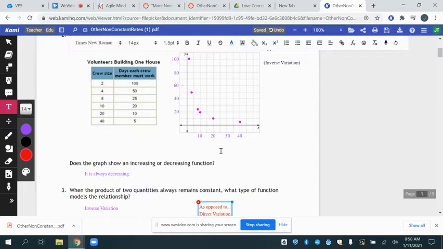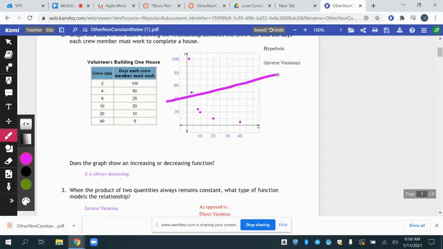Well, because constant rates are always a straight line. Constant rates go like this, or like that, or like this, or like that. They're always straight. Non-constant rates can change steepness. They have lines that curve.